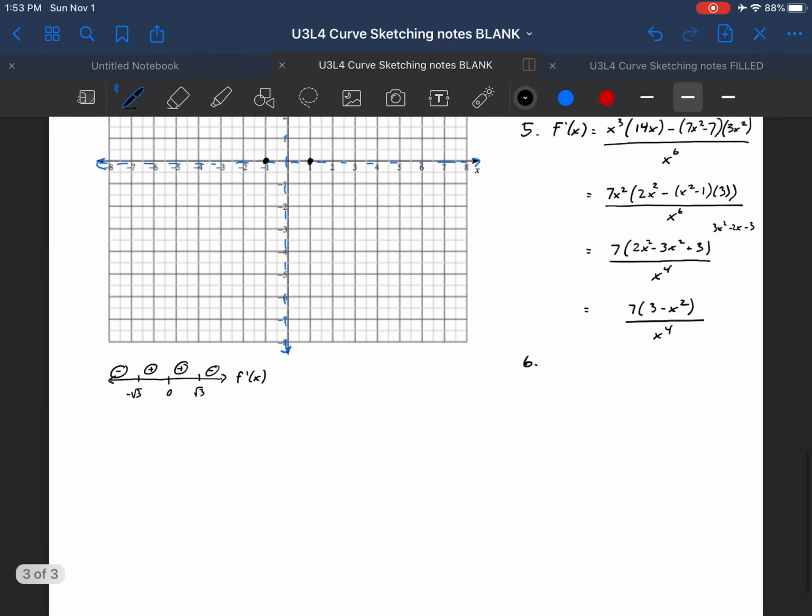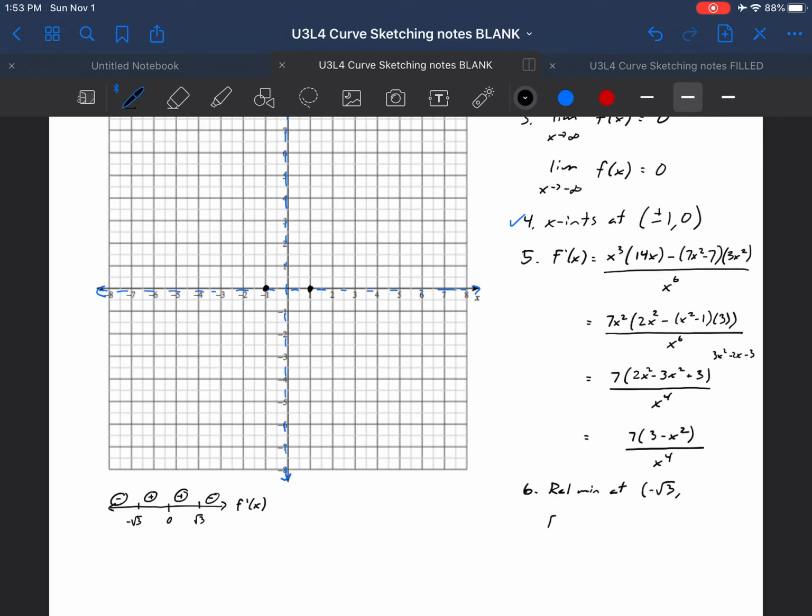Okay, so let's say that we've got a relative min at the x value negative root 3. We're going to have to compute the y value. And the relative max is at positive root 3, and we'll have to compute the y value.